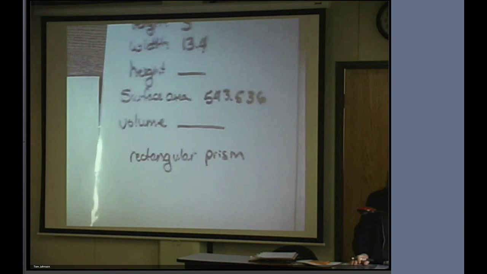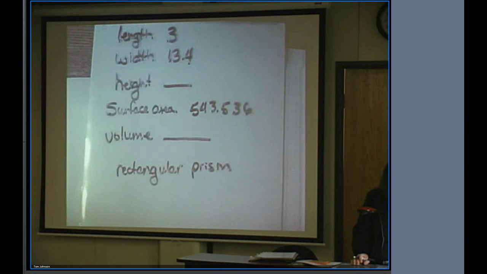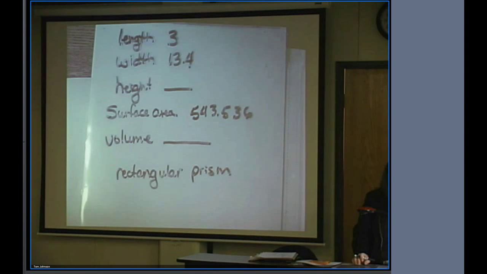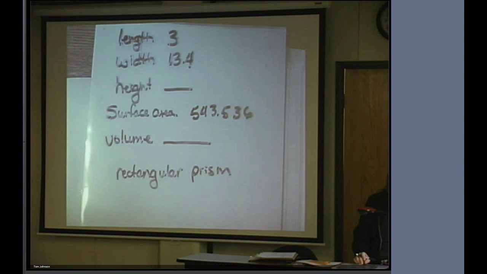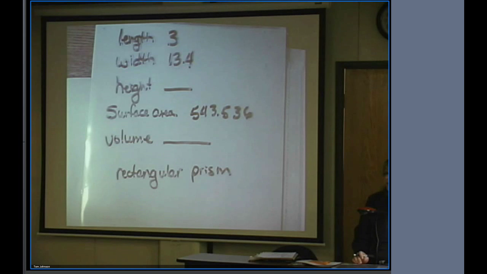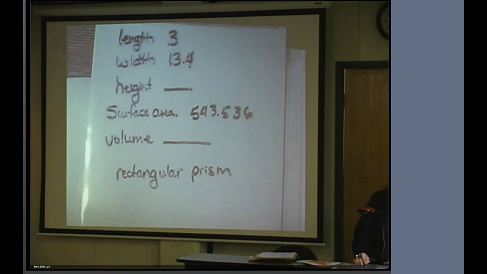So before we go any further, we can see that we're given the length and width, we're just not given the height, but we are given the surface area. So we need to talk about what is the surface area. Right, it is the outside of the whole shape. So we're going to have to break this down in order to figure out what our missing variable is. We're going to have to write an equation here, actually.